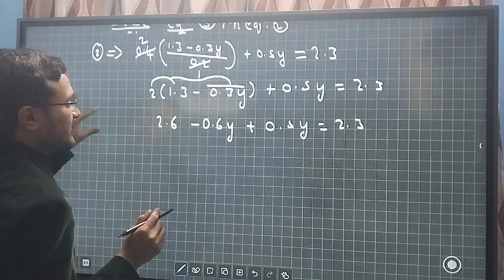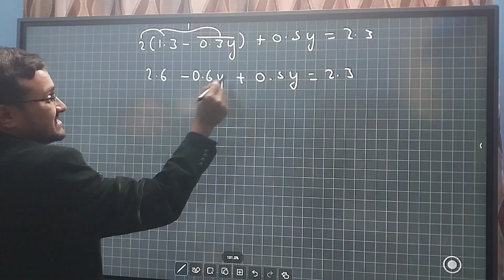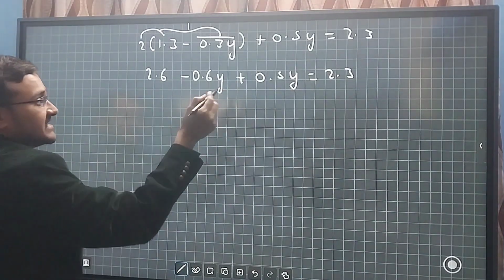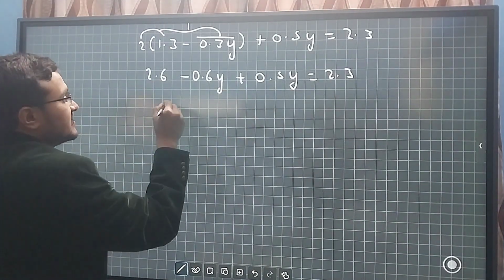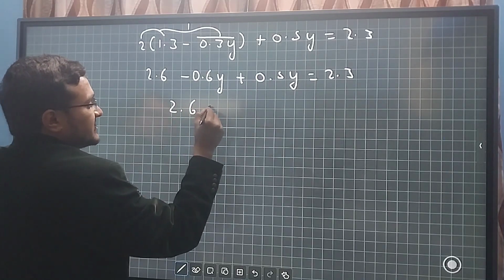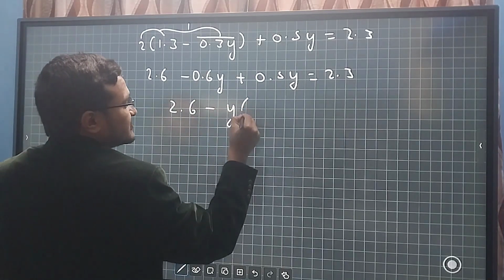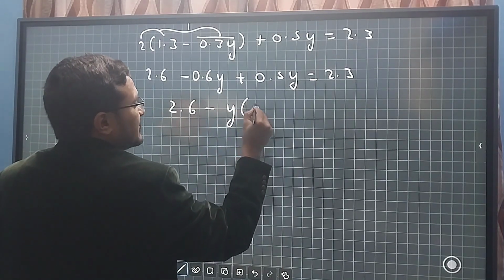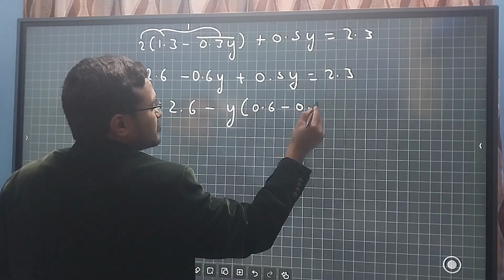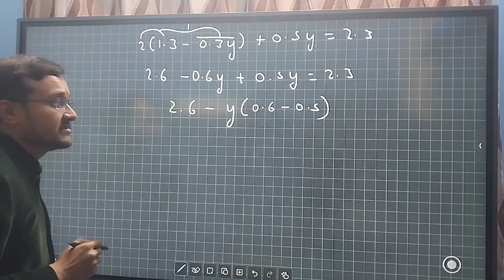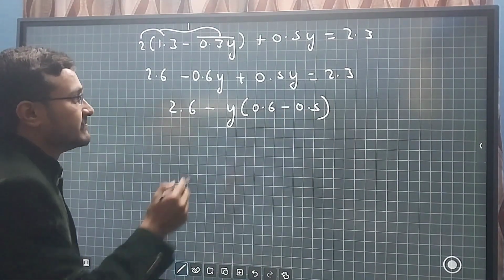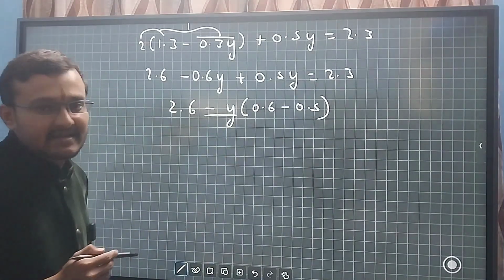Now here what you can do, 2.6 minus 0.6y plus 0.5y is there, so that is nothing but minus 0.1y, because here you can take y common, so inside the bracket you will have 0.6 minus 0.5. Why am I taking minus 0.5 here? Because here I am taking minus y common.